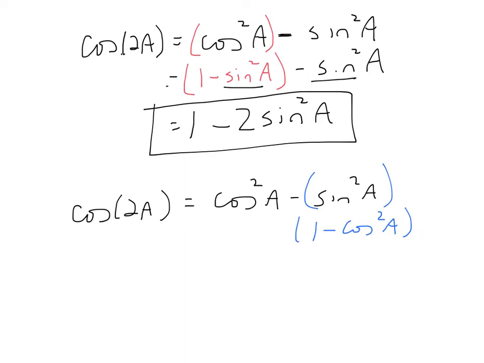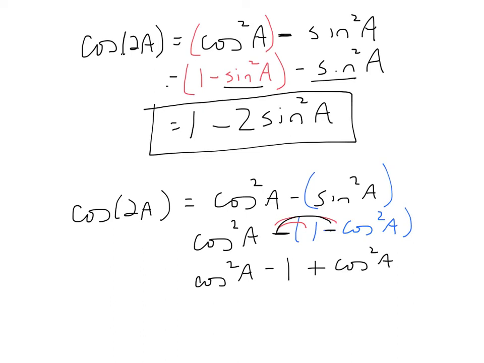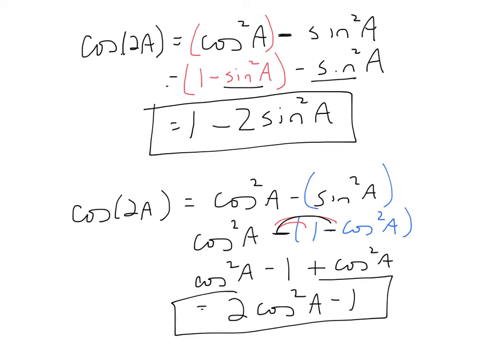Now what you have to be careful of here is this is cos squared a minus, so I need to distribute that negative to both of those terms. What I'm going to end up with is cos squared a minus 1 plus, because I'm taking the negative of a negative, cos squared a. So I have 2 cos squared a's minus 1, and this is version number 3.